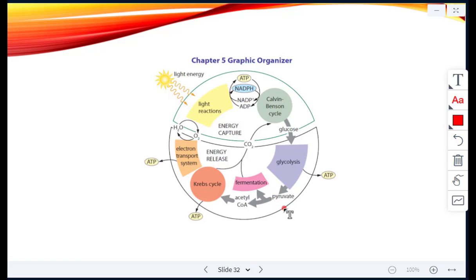And if it was continuing aerobically with oxygen, we would have had the production of acetyl-CoA into the Krebs cycle and then the electron transport system. We are looking at now glycolysis produces the ATP and the pyruvate, but there's no oxygen present, so we are going into this fermentation stage.